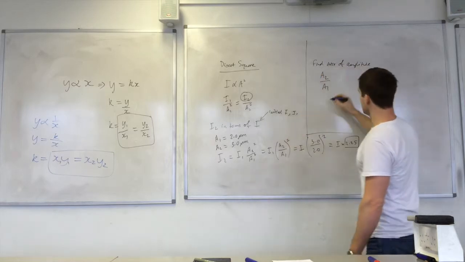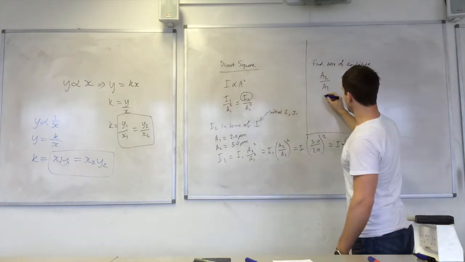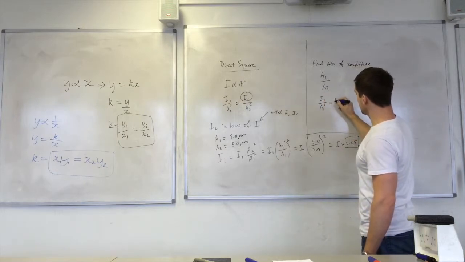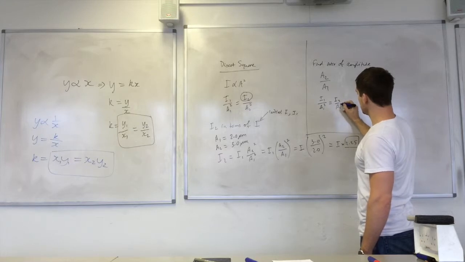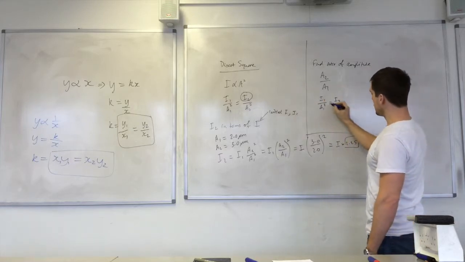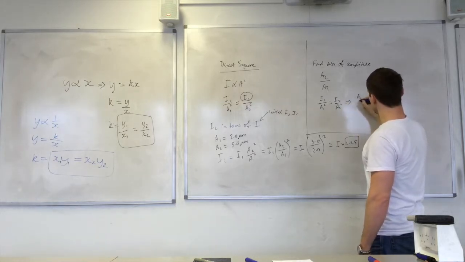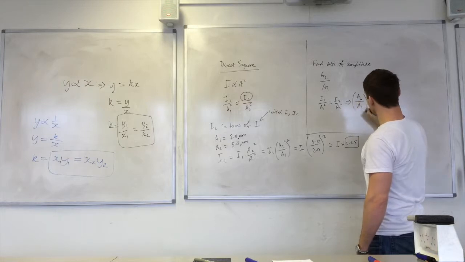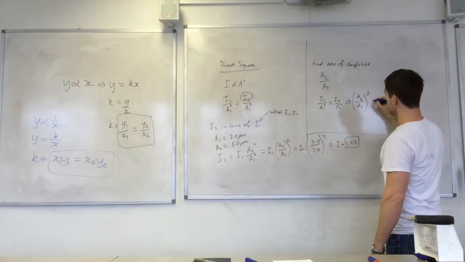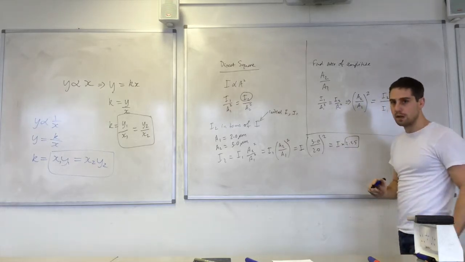If we use our relationship here, we've got I1 over A1 squared equals I2 over A2 squared. If I multiply by A2 and divide by I1, then I get A2 over A1, similarly as here, it's just all squared, that ratio. It's equal to I2 over I1.